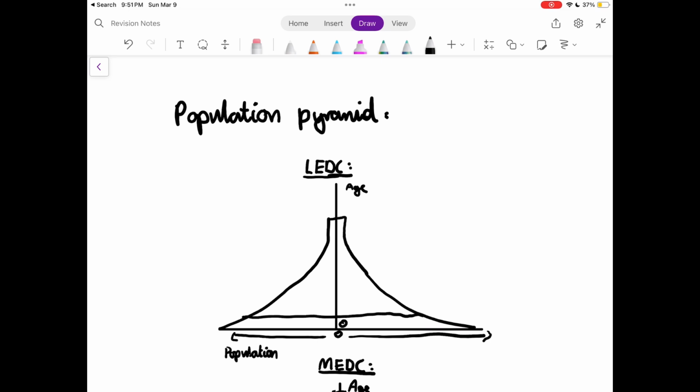And this is due to the high birth rate as a result of a lack of contraception. And you can slowly see it narrowing as you reach the economically active population, which is this middle part. And you can see that it's really narrow at the top where there is an aging population, which could suggest that there's a poor provision of healthcare.